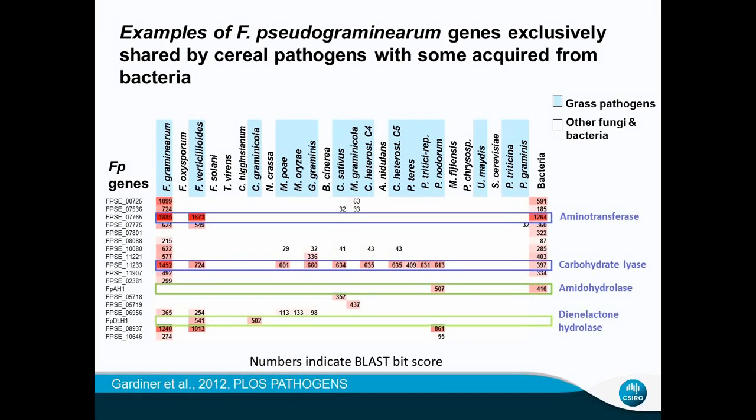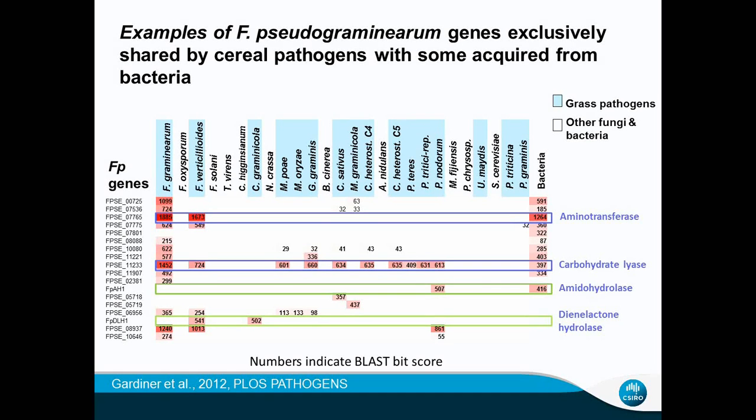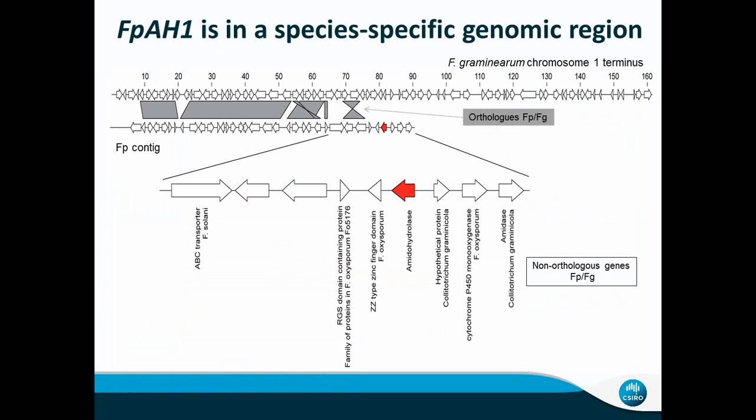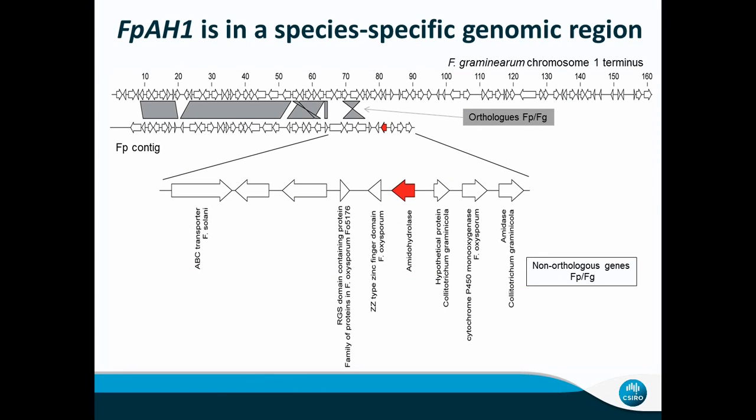So based on this type of analysis, we are trying to develop a hypothesis that some of these genes may have been derived from bacteria through horizontal transmission. This particular amidohydrolase gene is also located at the end of the chromosome.